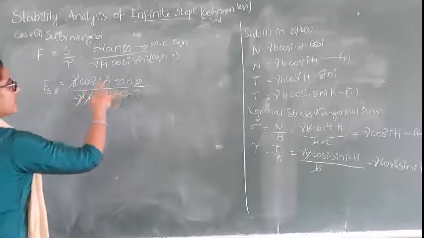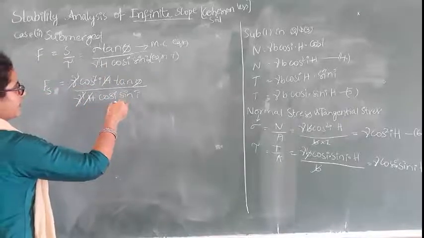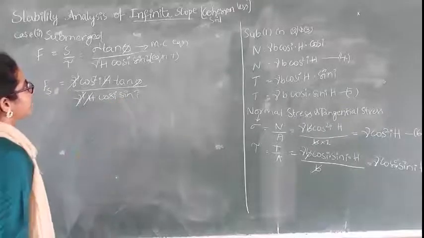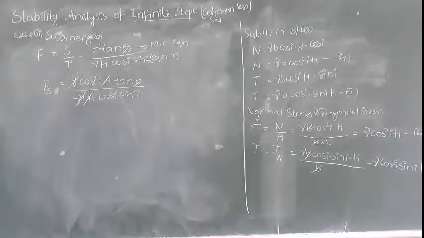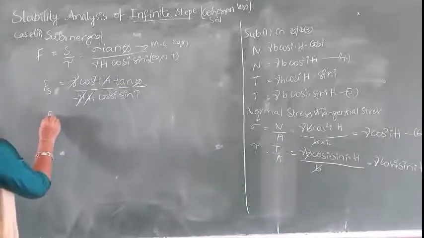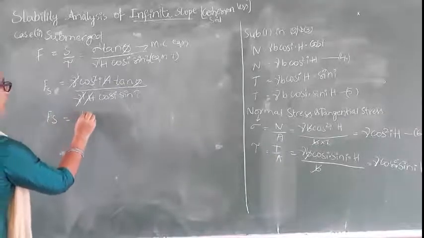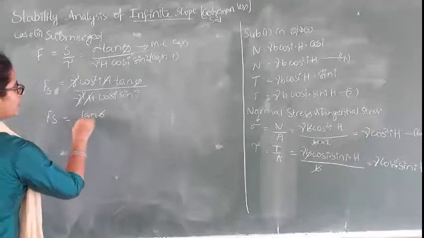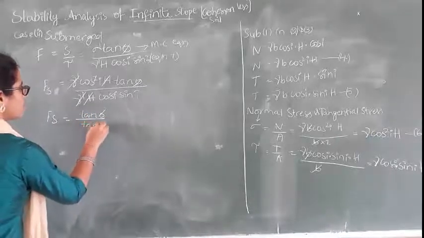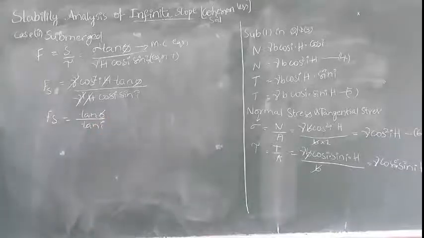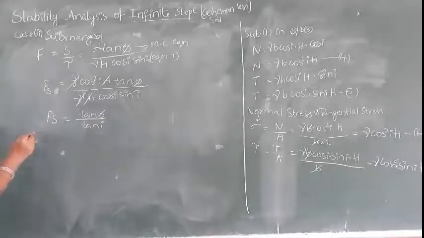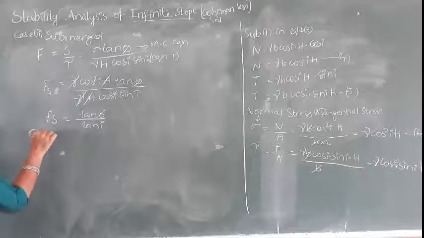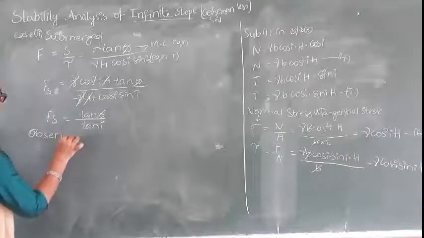H, cos i, right? So again we will be left with factor of safety equal to tan phi by tan i. So what is the observation that you made, students, from case 1 to case 2? Observation.